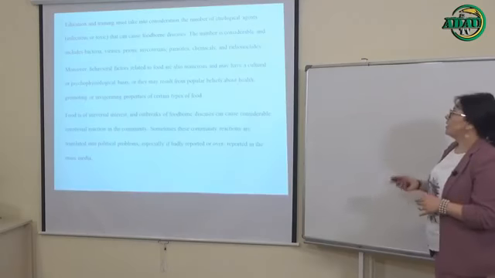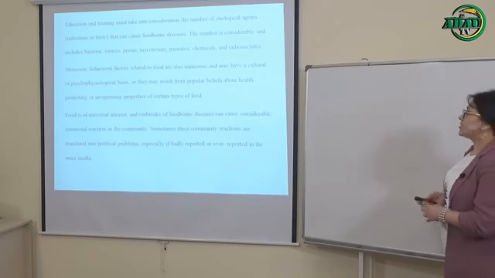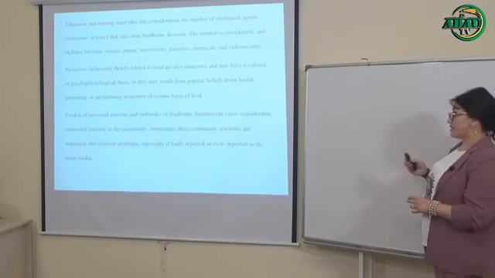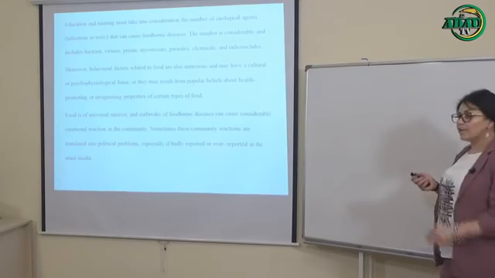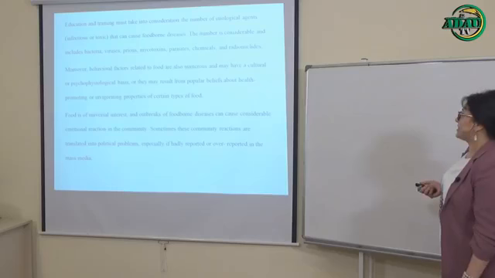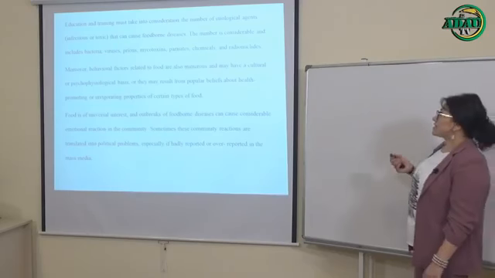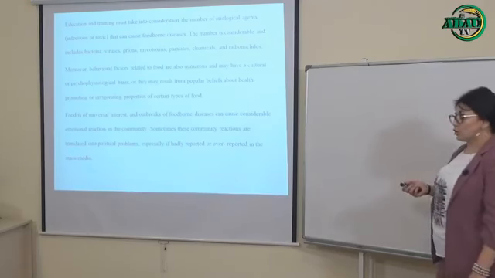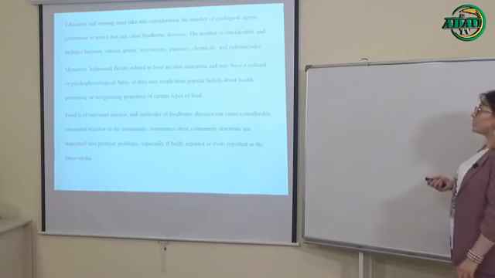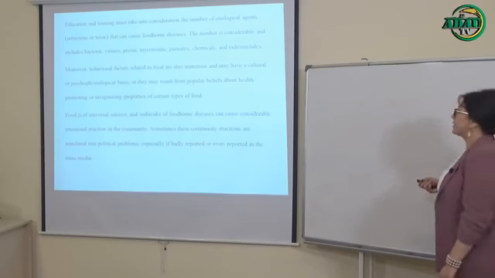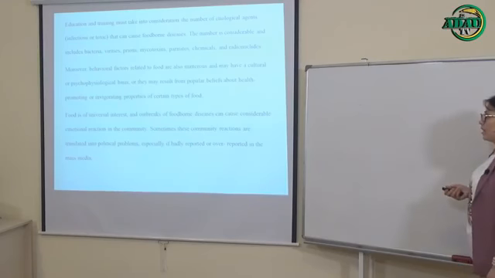Okay, education and training must take into consideration the number of etiological agents that can cause foodborne diseases. The number is considerable and includes bacteria, viruses, prions, mycotoxins, parasites, chemicals, and radionuclides.